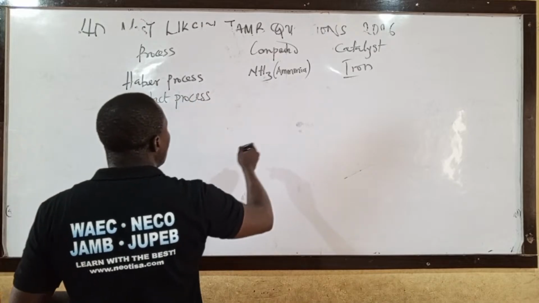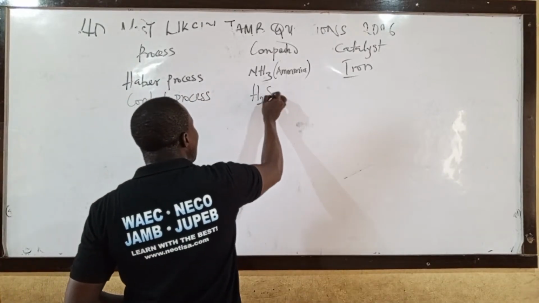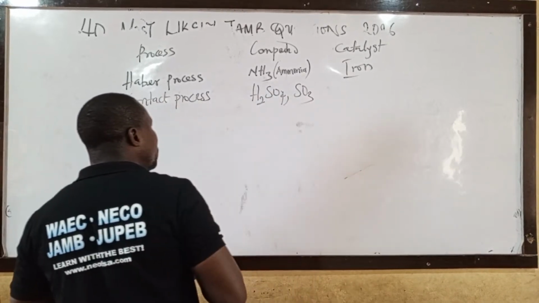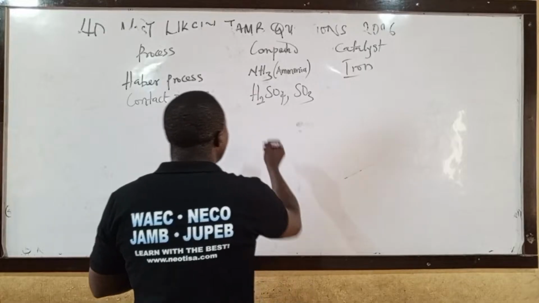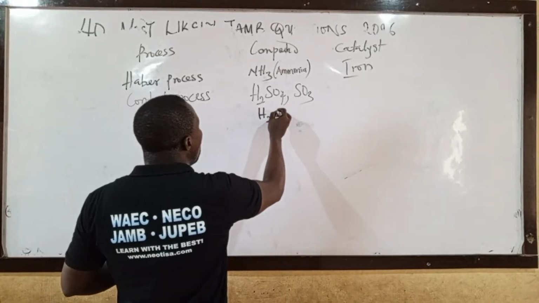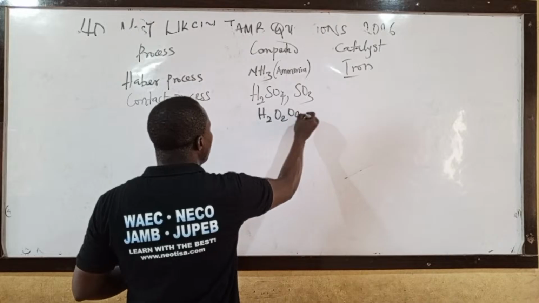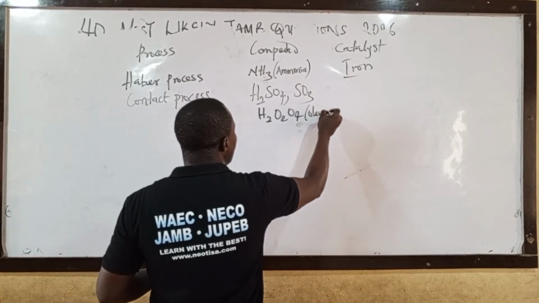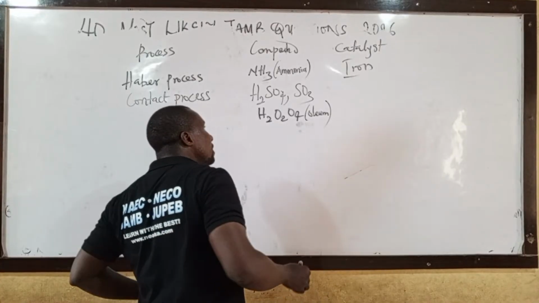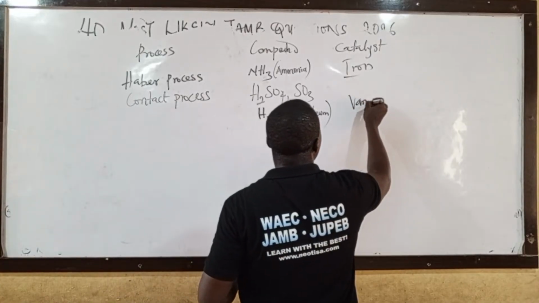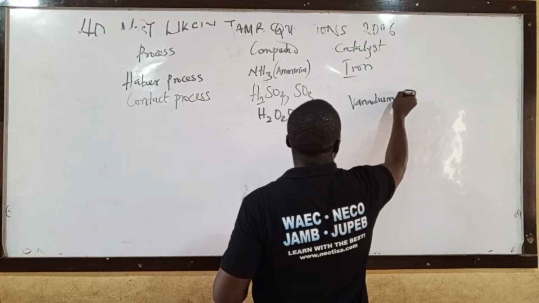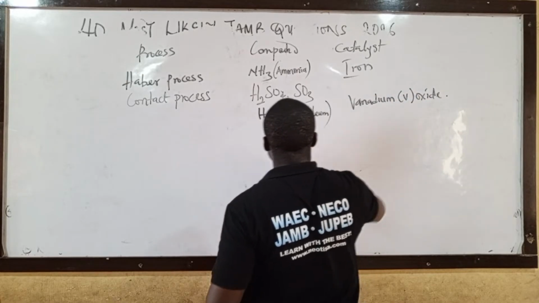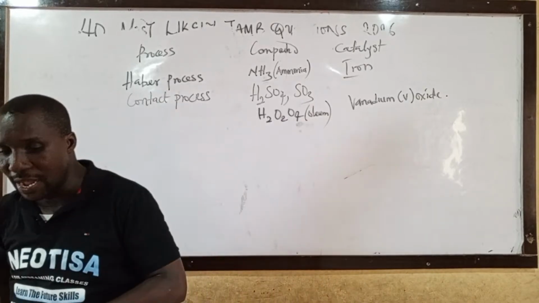We have the contact process. We use it to produce H2SO4, via SO3. And the catalyst used is vanadium(V) oxide. That is the catalyst used in the contact process.